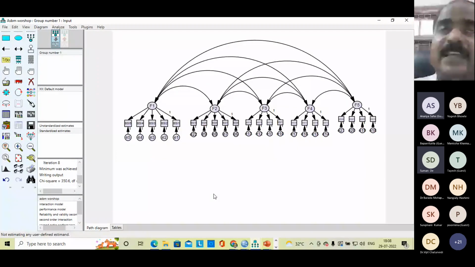If GFI, AGFI, CFI, NFI are less than 0.9, or RMR, RMSEA are more than 0.05, then the modification indices will help you improve the fit indices.